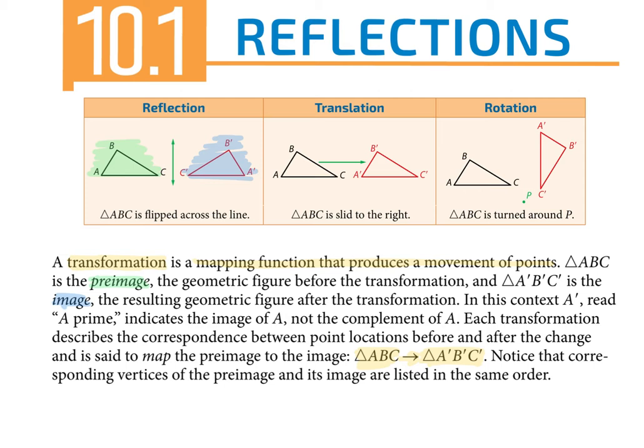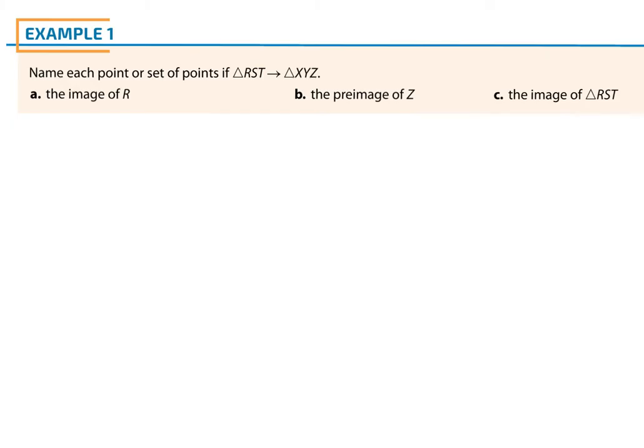Order matters. So if A is first, then A prime has to be first. If B is second, B prime has to be second. C is third, C prime has to be third. So they do have to be listed in the corresponding order that the image and the pre-image are on top of each other. And so the first example they give us is just using that information.